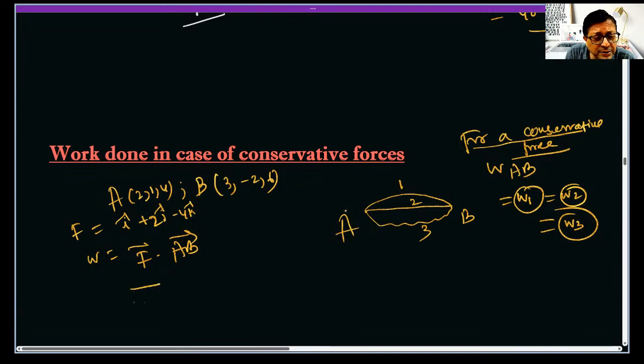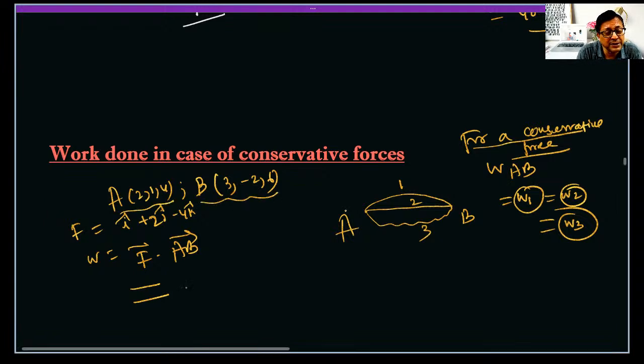This calculation we have done, so I am not going to do it. I have not mentioned along which path it is being taken. It can be taken along path 1, path 2 or path 3, path 4 also. Any path you take, it depends on these two coordinates A and B. Clear?